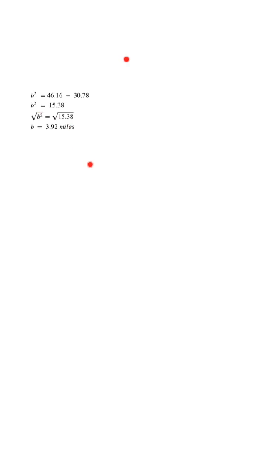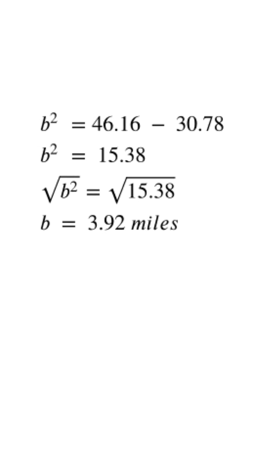So on the next page, you'll notice that I did exactly that. So when we do that, we end up with 46.16 minus 30.78 on the right-hand side of the equation. Now, when we do 46.16 minus 30.78, we should get back 15.38.